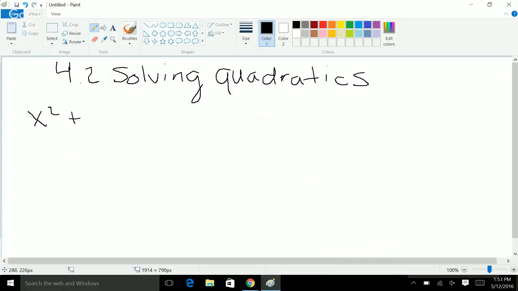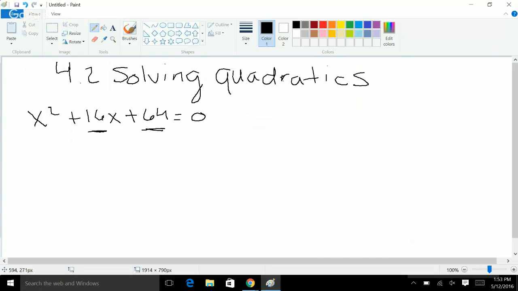So we're going to be doing factoring, and the example I have is x squared plus 16x plus 64 equals 0. Okay, so the coefficient on the x term is 16, and the constant term is 64.